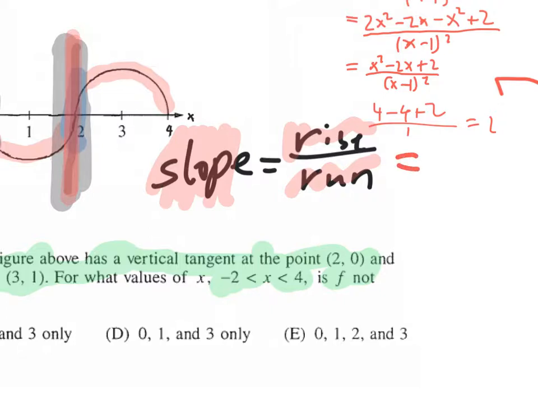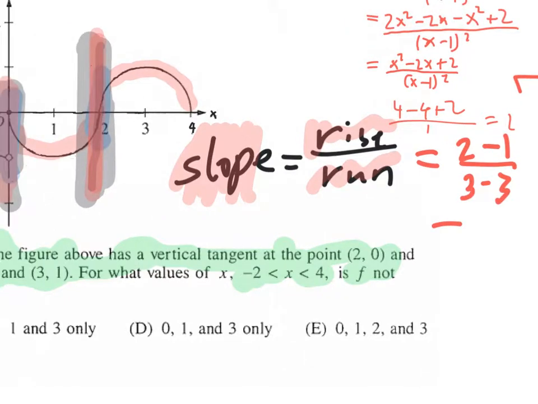Meaning that if you had, let's say, 2 and then 1 for the y's, but they were on top of each other, meaning that they each had the same x, so let's say 3 minus 3, you ended up with a slope of 1 over 0. And that's undefined. So you don't actually have a derivative.